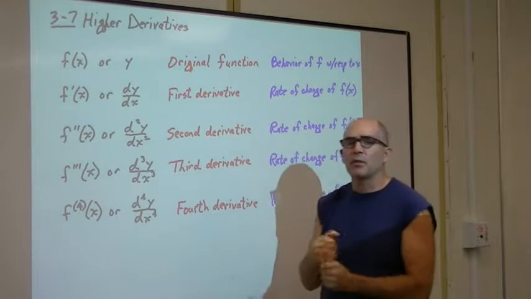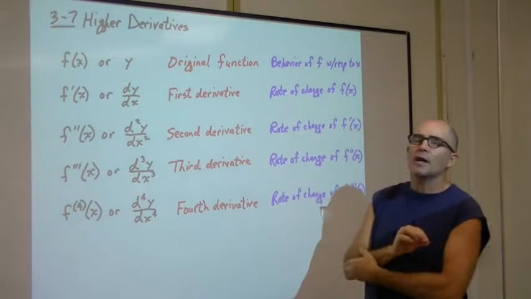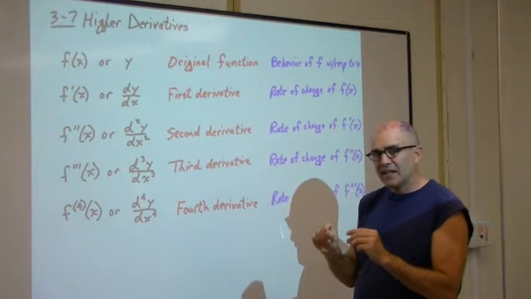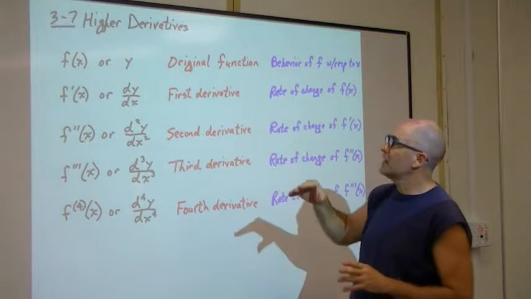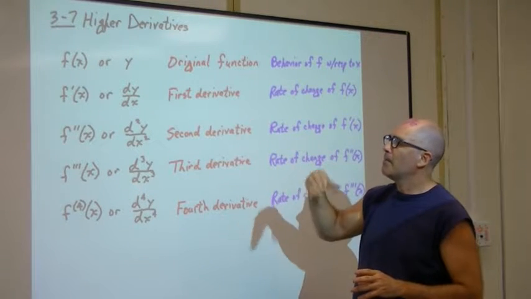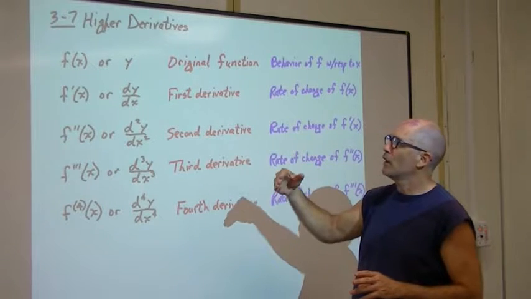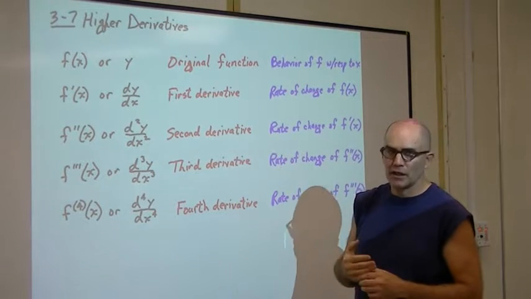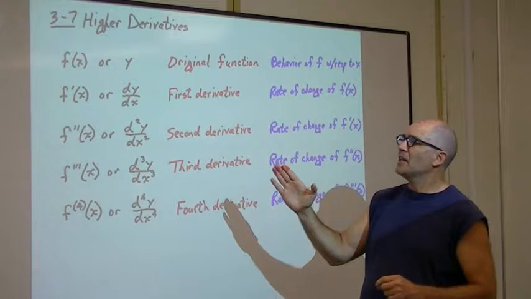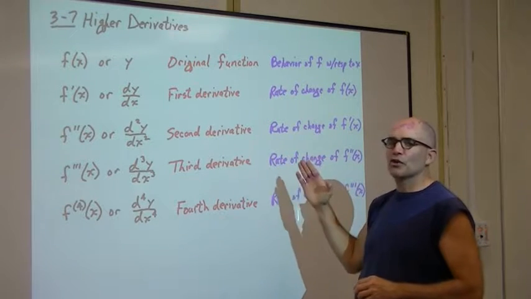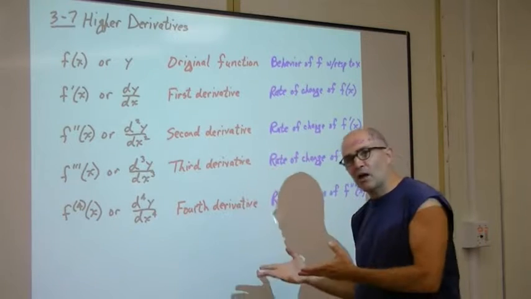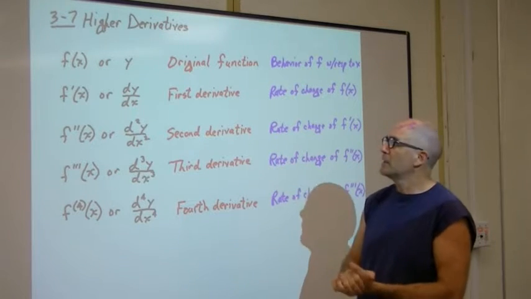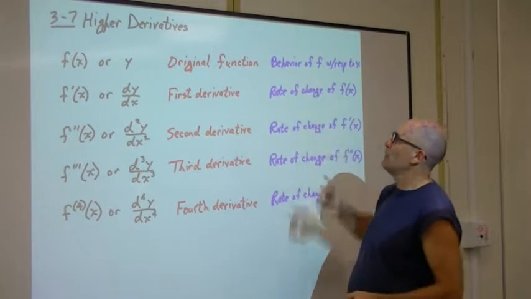Now when I say with respect to x, what I mean is x is the independent variable. It's the measurement of our function. So as x gets larger, what does f of x do? Does it get larger, or does it get smaller as x gets larger? So that's our original function.